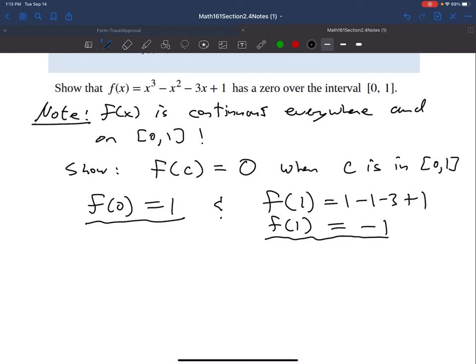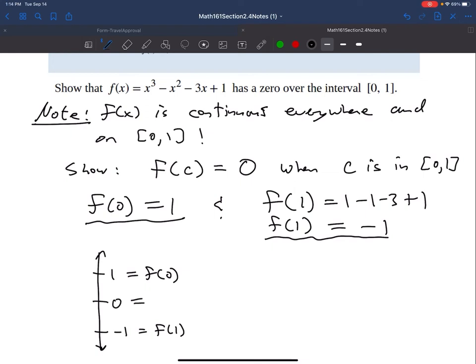So that means that somewhere in between, since this is continuous and we would never be able to lift our pencil, so if we create a little picture here, f of 1 is negative 1, and f of 0 is 1, then some number between negative 1 and 1 is 0, correct?